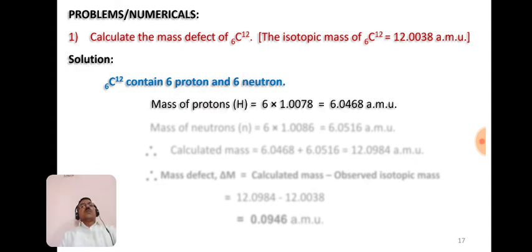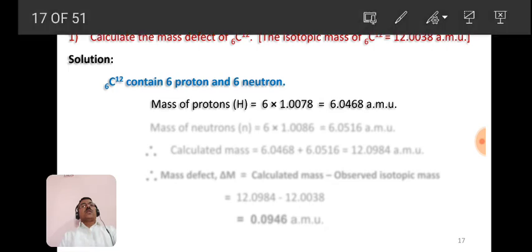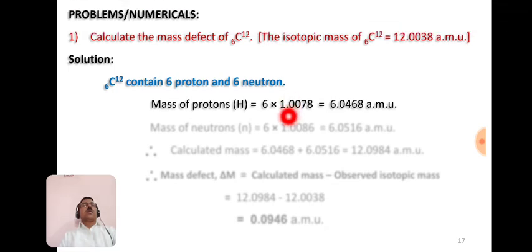The mass of each proton is 1.0078, so 6 into 1.0078 gives the mass of protons, which is equal to 6.0468 atomic mass unit.